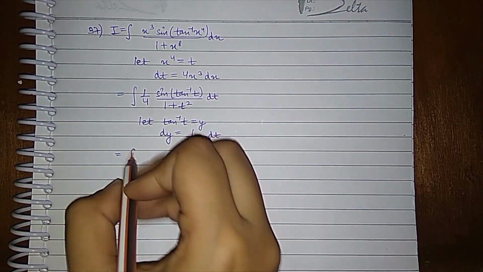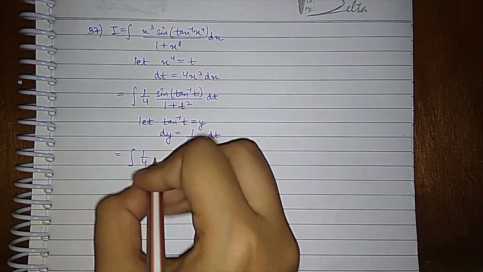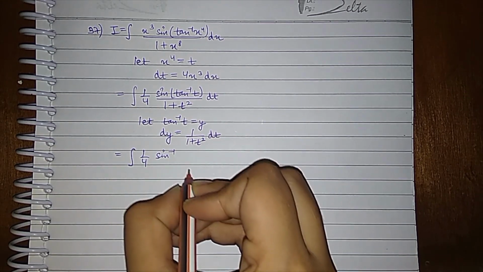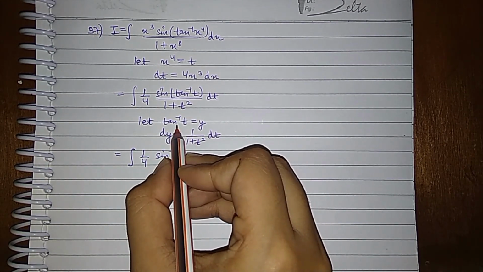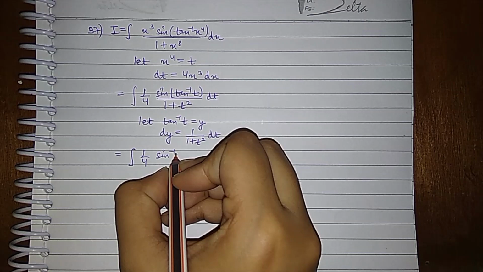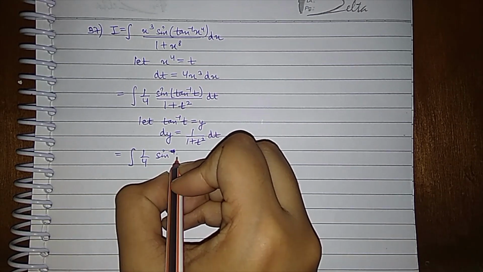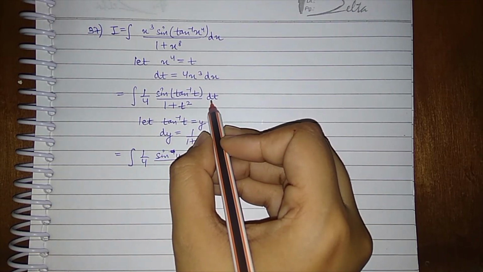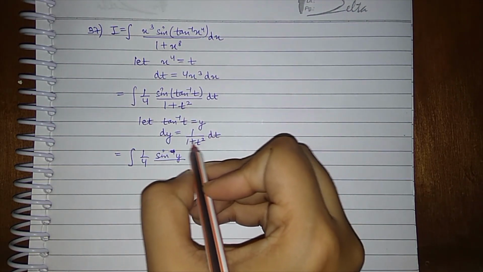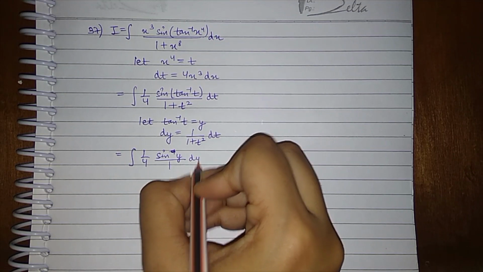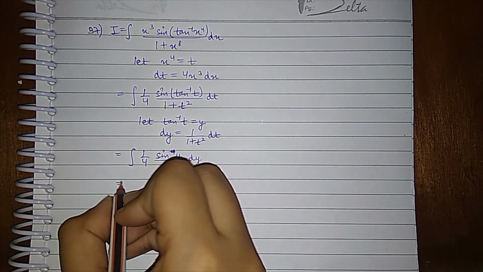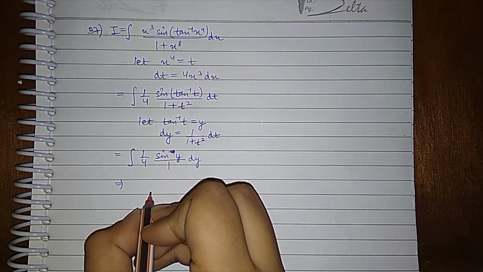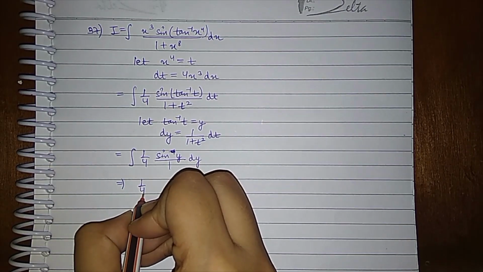Now here we will get 1 by 4 as it is, sine of tan inverse t, where tan inverse t is y, so sine y, and dt upon 1 plus t square becomes dy. Integrating this, we will get 1 upon 4.